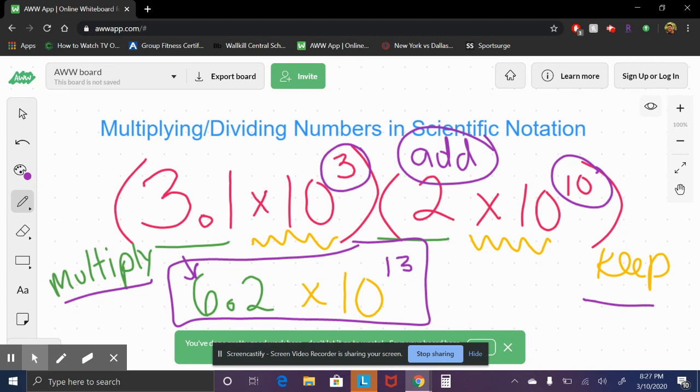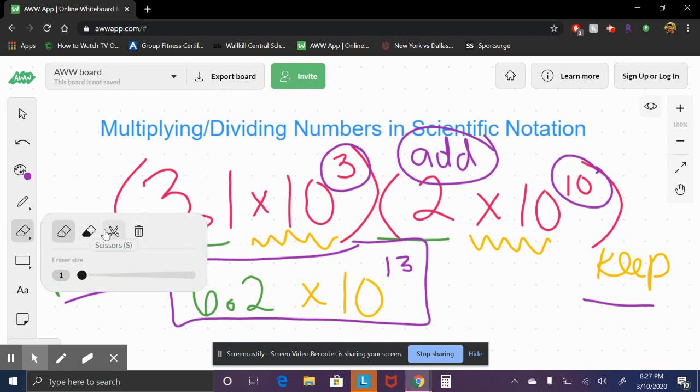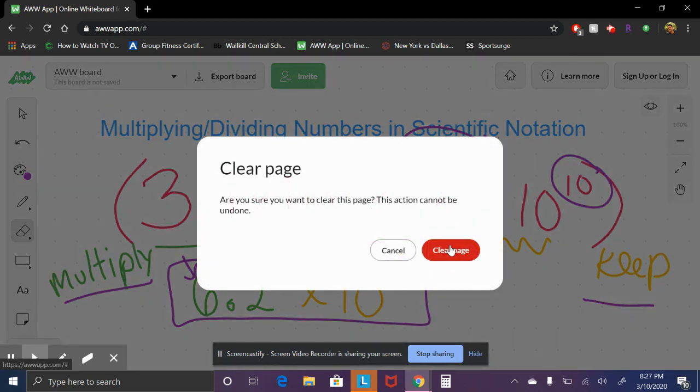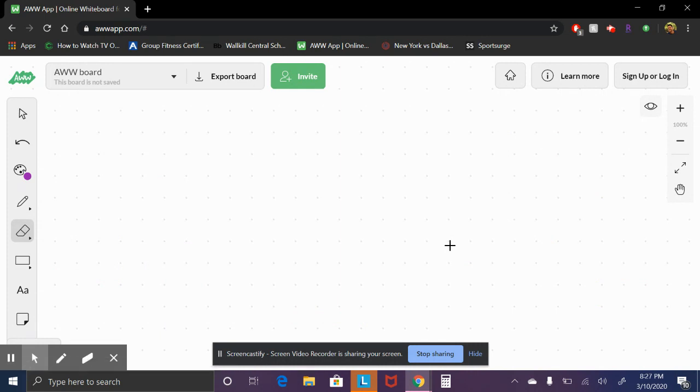Okay, let's look at one with division, because the same rules apply when it comes to division. I'm going to write this in fraction form and in division form, same format, same laws.